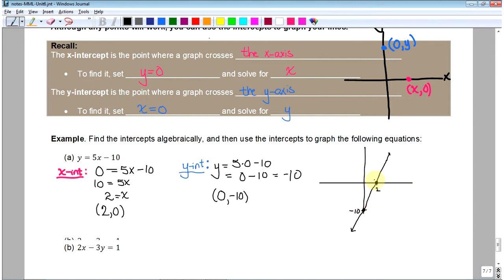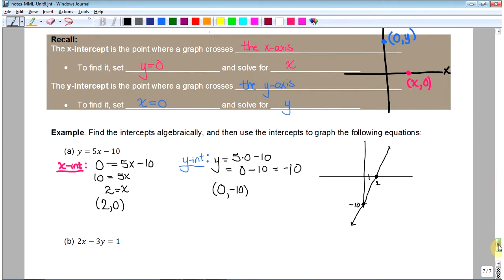Now when you're graphing, it's possible to use a different scale on your x-axis and your y-axis. So I just wanted to mention that. If I drew in a tick mark for each of my units, notice I'm not using the same spacing on my y-axis. That's okay as long as everything on your y-axis is equally spaced, similar for your x-axis.